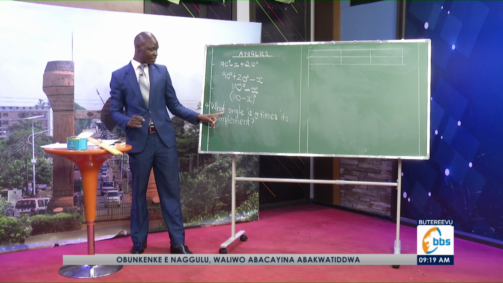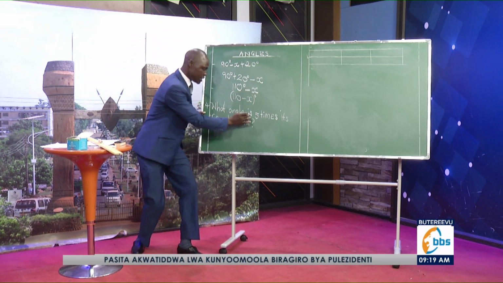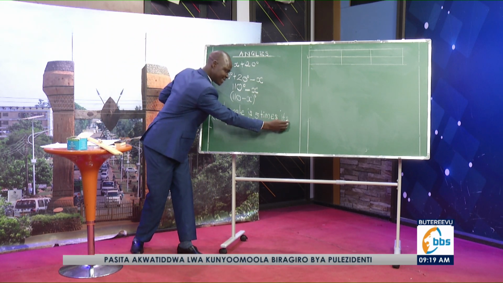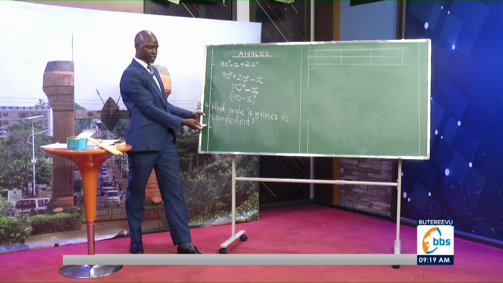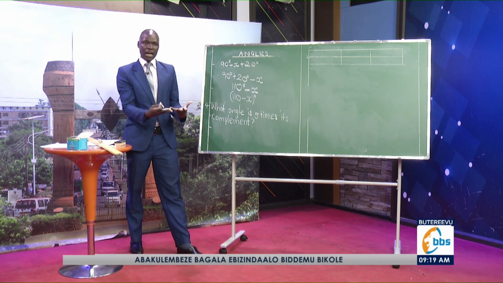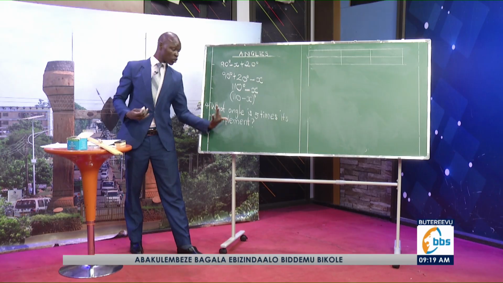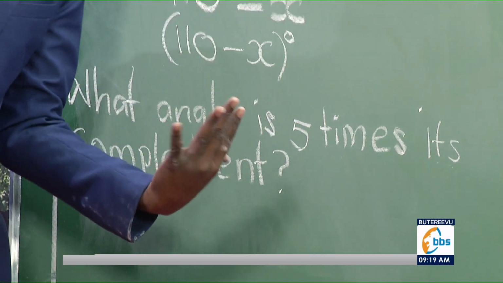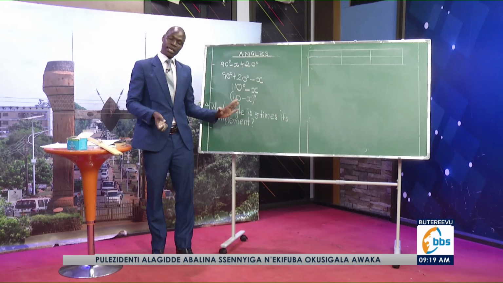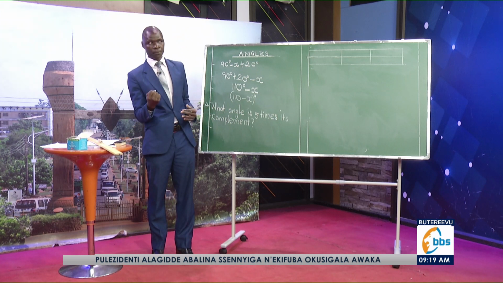Since the question is saying what angle is 5 times its complement, it is easier, first of all, to know its complement. Then to get that angle, we shall just multiply its complement by 5.